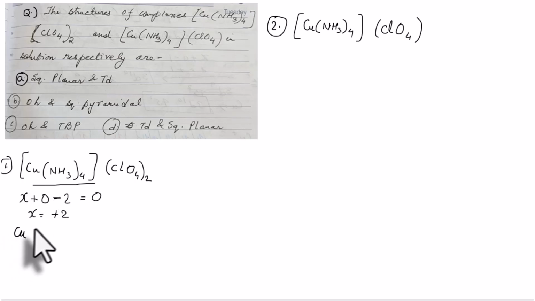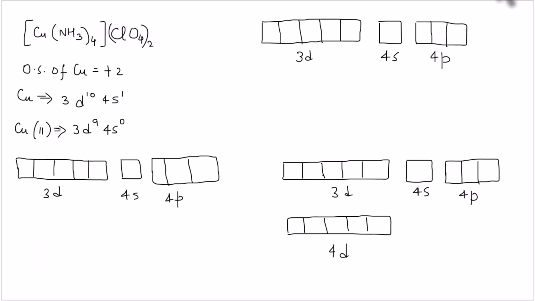Now we know that neutral copper has a valence electronic configuration of 3d10 4s1. As we discuss copper in the +2 oxidation state, I would like you to know why this particular complex, or any complex with 4 coordinated ligands and copper in the +2 oxidation state, will show square planar geometry.